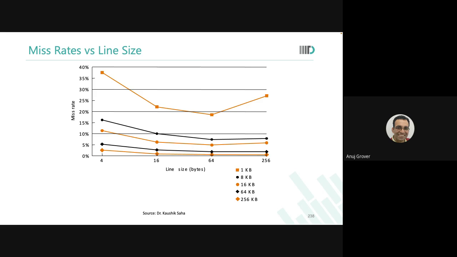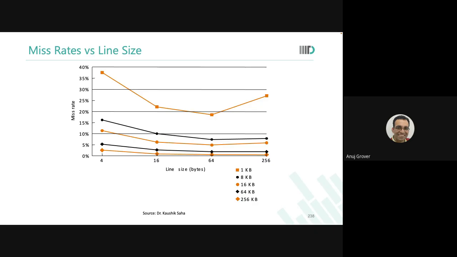Why is it increasing after that? So when you have a line size of 256, then the number of lines that I can keep in that 1 KB is only 4. Therefore, the misses increase.